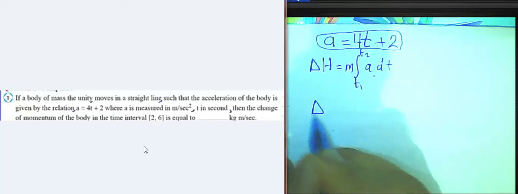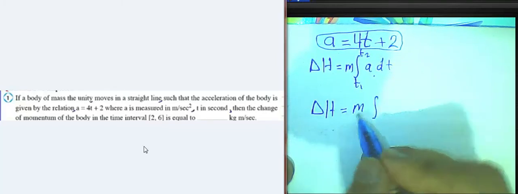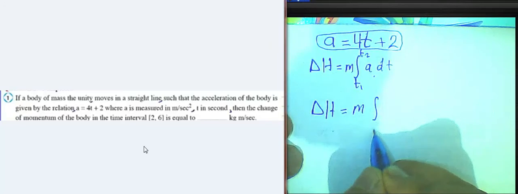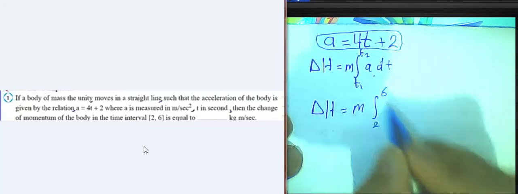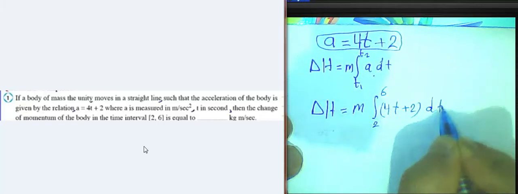Then the change of momentum equals m multiplied by the integral from 2 to 6 of 4t plus 2 dt.